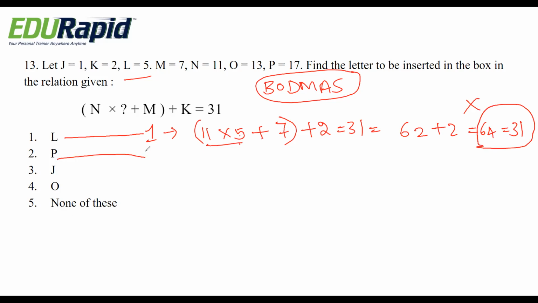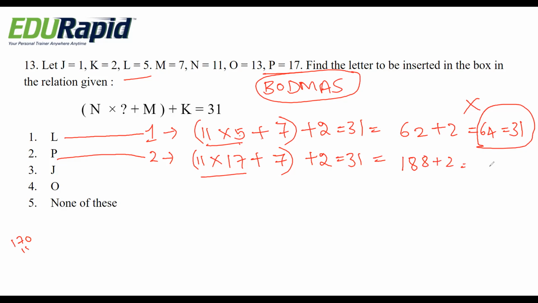Let me check with the second option. 11 into P means 17, plus M means 7, plus K means 2, that equals 31. 11 into 17 is 170 plus 11, that is 181. 181 plus 7 is 188. 188 plus 2 is 190. 190 equals 31.